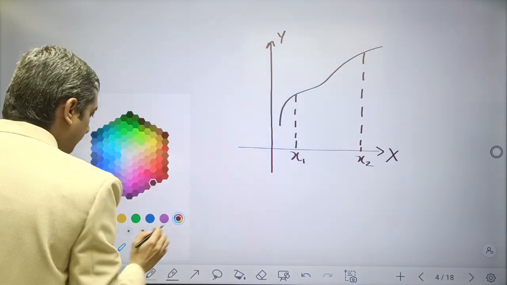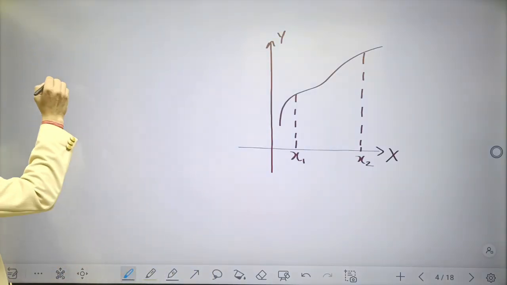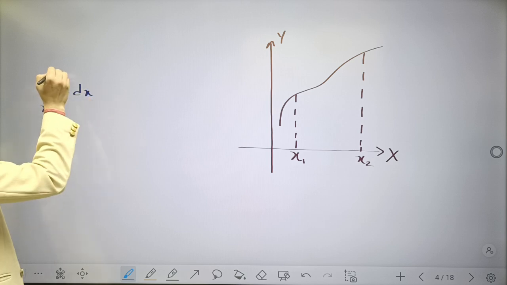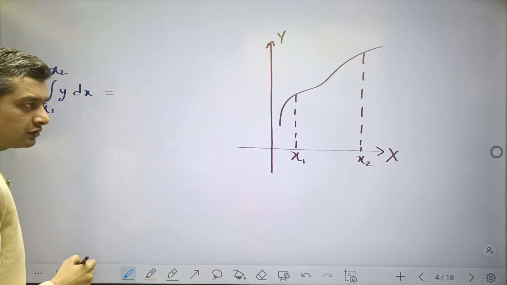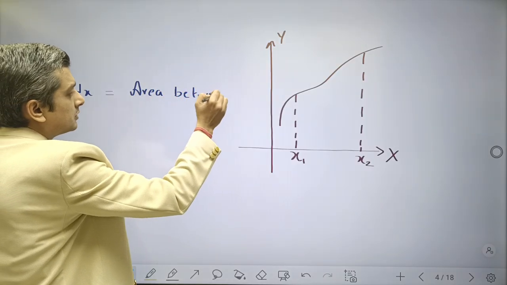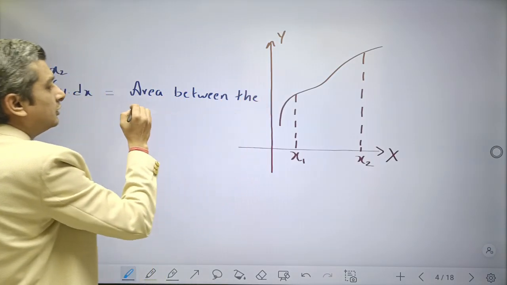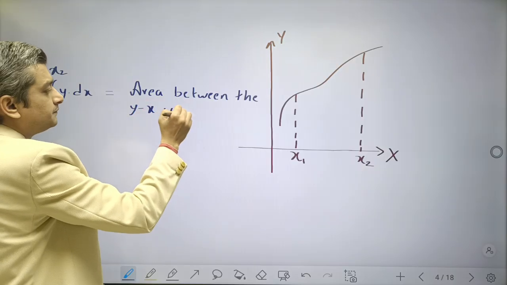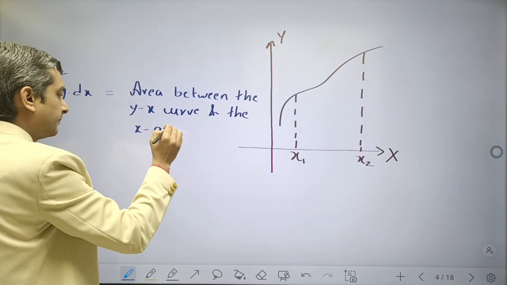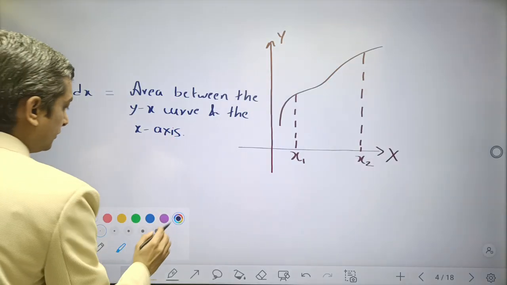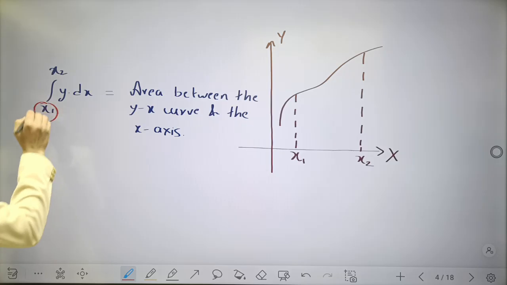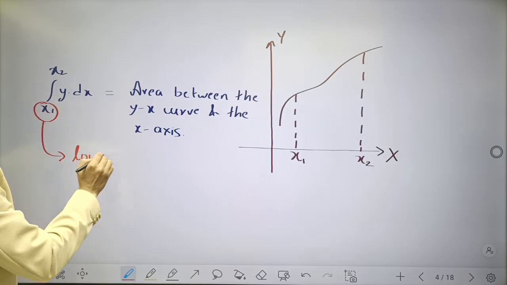If I write y dx from x1 to x2, what does it represent? It will give the area between the y-x curve and the x-axis. Let us have some discussion about terminologies. This x1 is known as the lower limit.